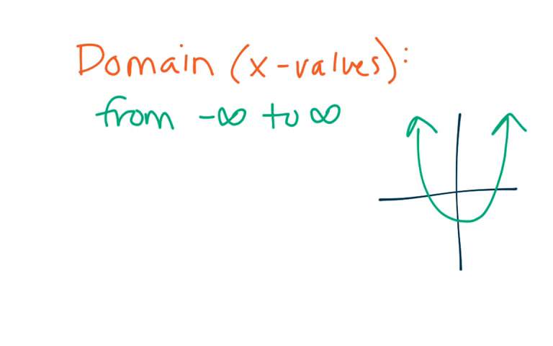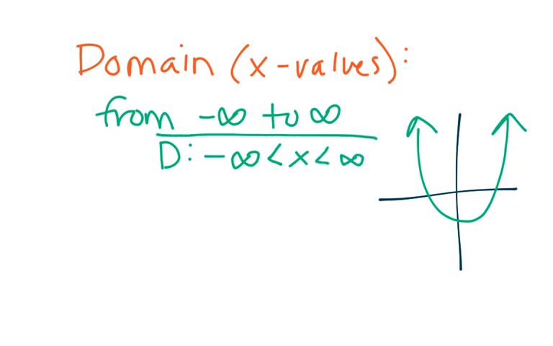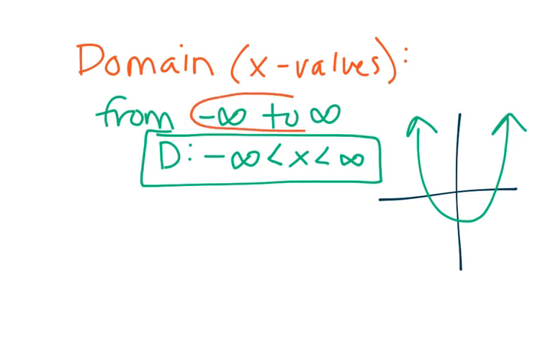But the way that we write that with our mathematics is that the domain goes from negative infinity, and we're talking about our x's, that's the lesser amount, and that it goes to infinity. So this is the way that we are going to write it.